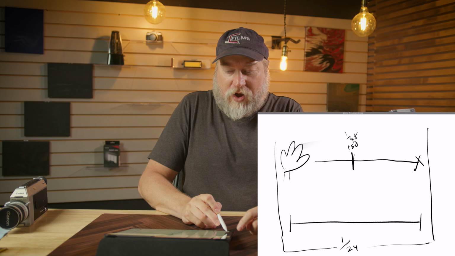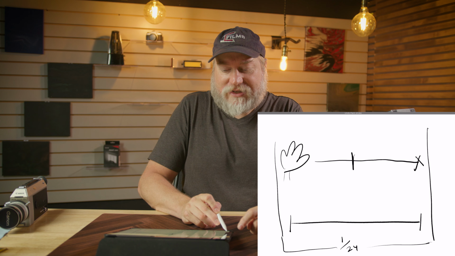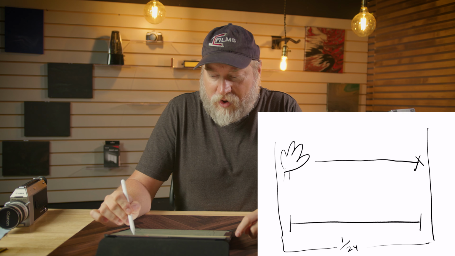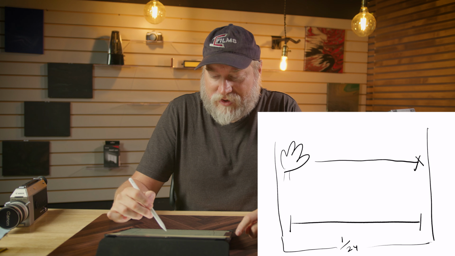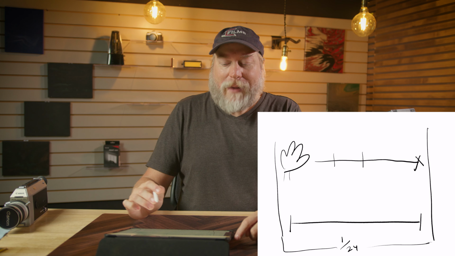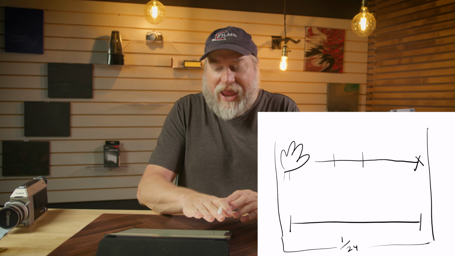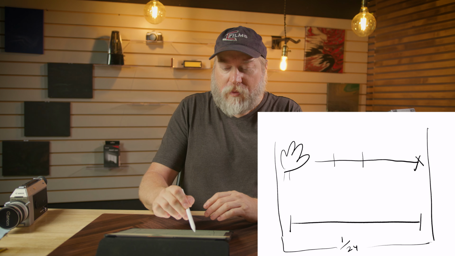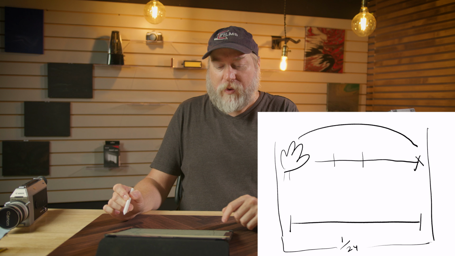Now let's go and take it a step further. Let's go to a 90. So this is 180, this is 90. That means that the hand is actually moving all the way from this point to this point.